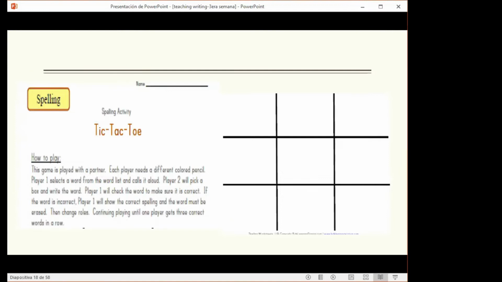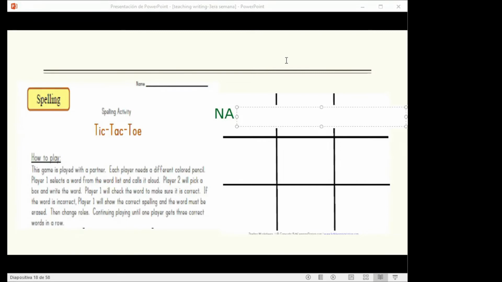Now let's imagine that one of the words given in your list is the word naughty. So player one says naughty. I'm a student too, so I need to write the word. Naughty, naughty. Maybe I cannot remember carefully the word naughty. I wrote it. So student one, the person who said the word, says, no, it's not correct.